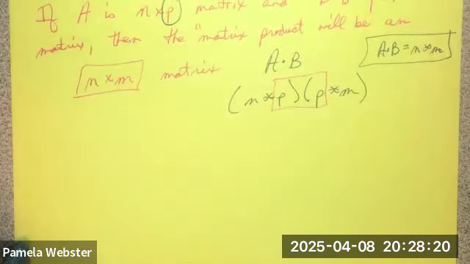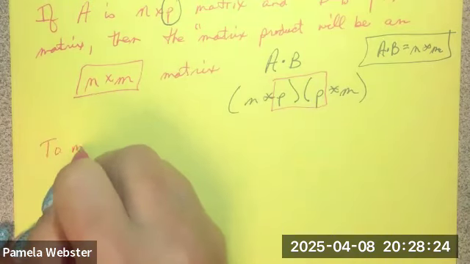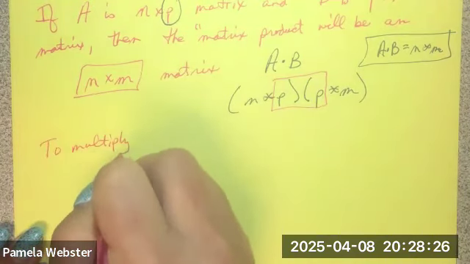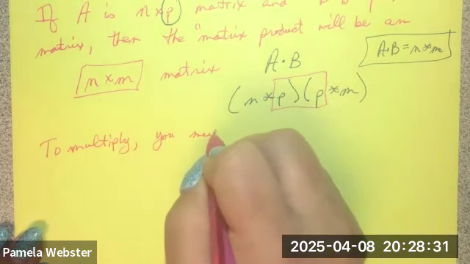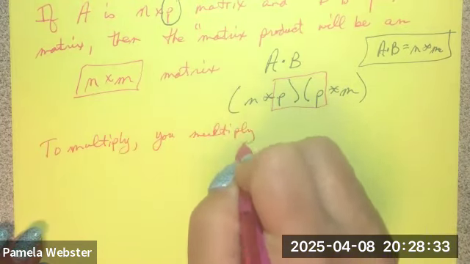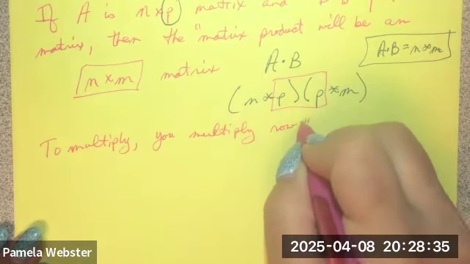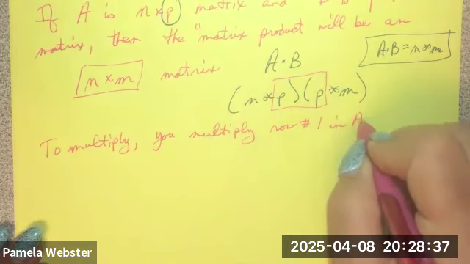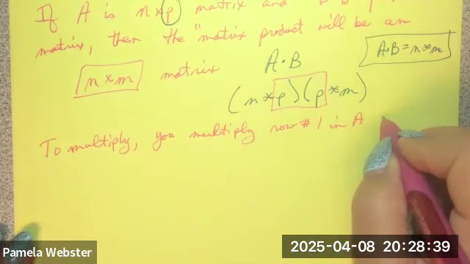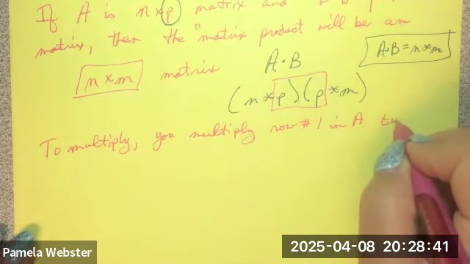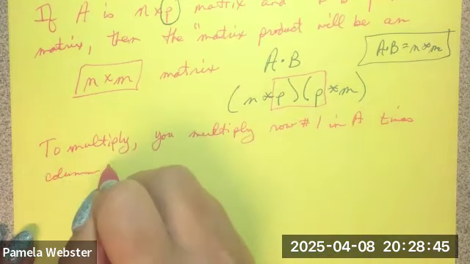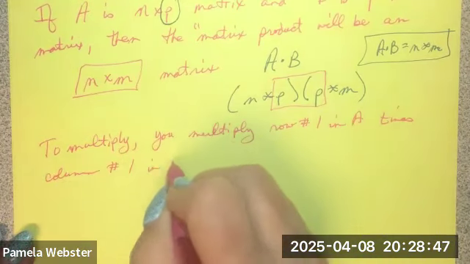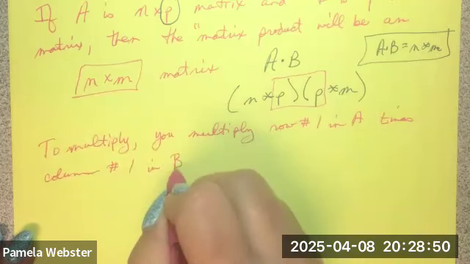Now, in order to multiply, you multiply row number 1 in A, the first row in the first one, times column number 1 in B. I'll show you what this looks like. Don't stress out.